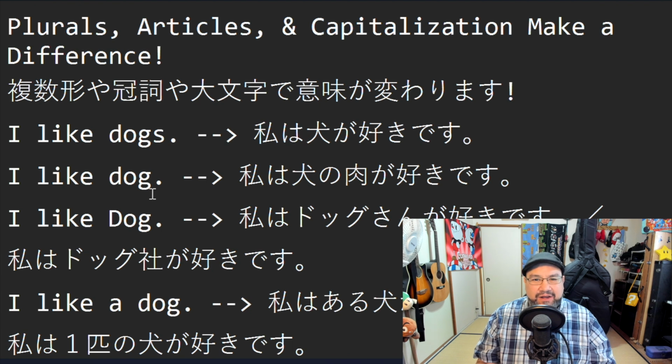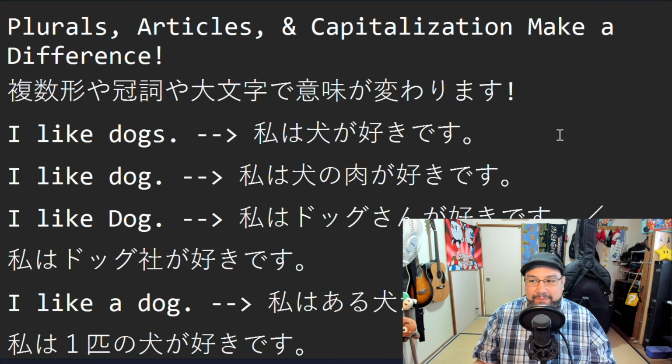Now think about chicken. I like chickens means the animal. I like chicken means the meat. So there are many other animals that the meat is the same name as the animal. So dog is just like that. I like dogs means you like the animal. I like dog means the meat.